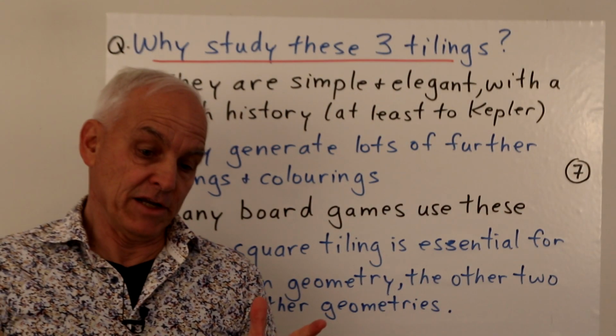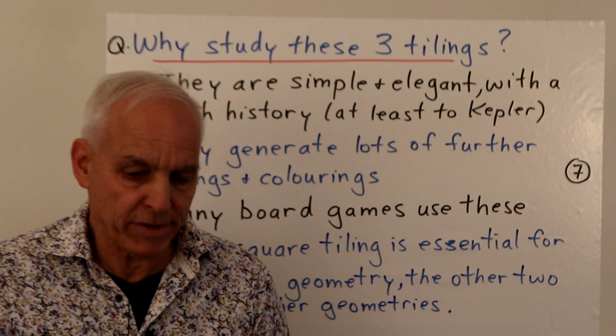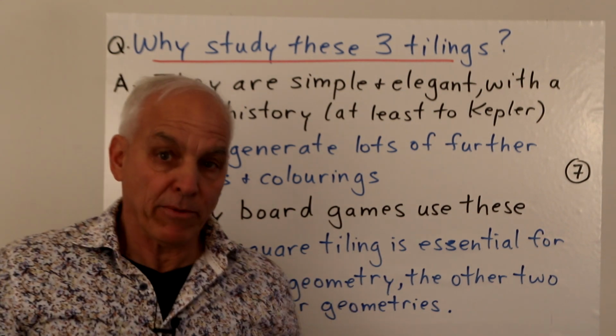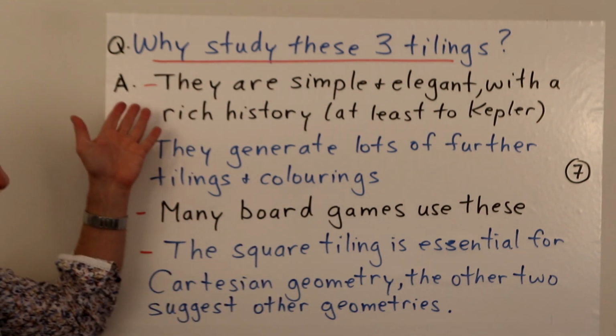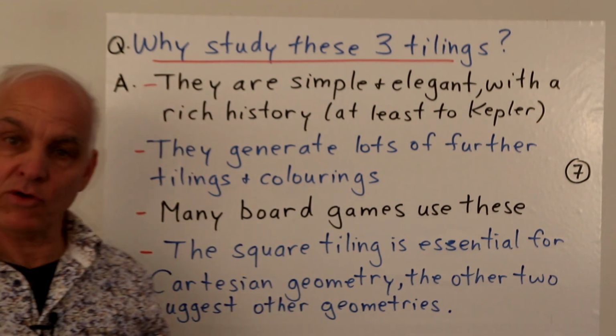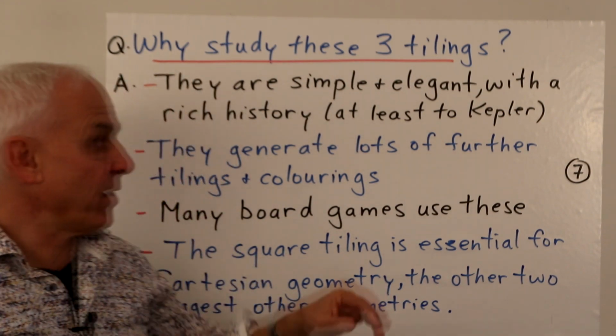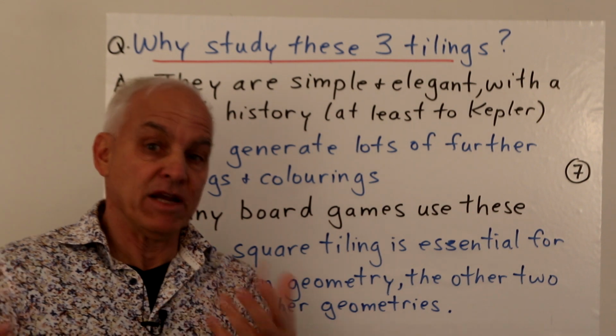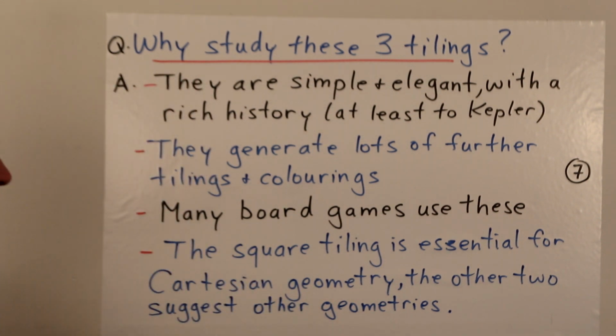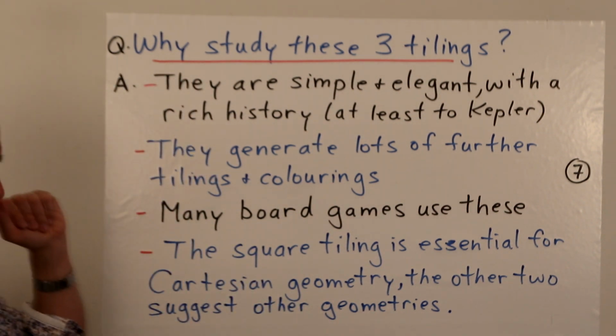Okay, so these three tilings are mathematically important, but why should primary school students study them? First of all, they are simple and elegant, and they do have a very rich history, going back to at least Kepler, who explicitly studied them along with three-dimensional versions. They generate lots of further tilings and colorings.